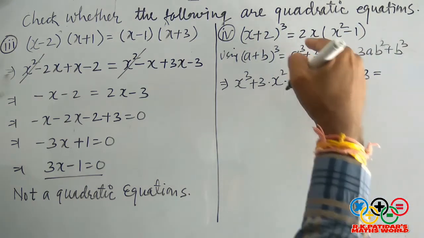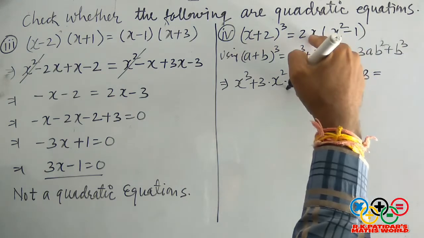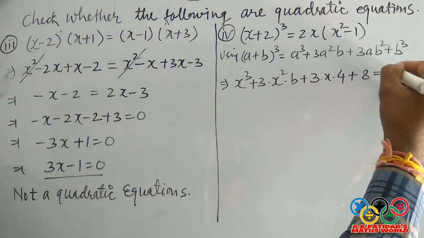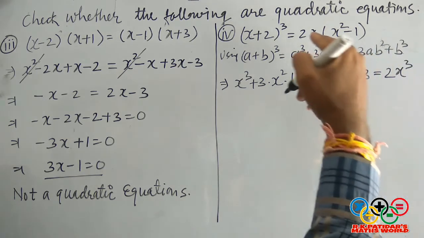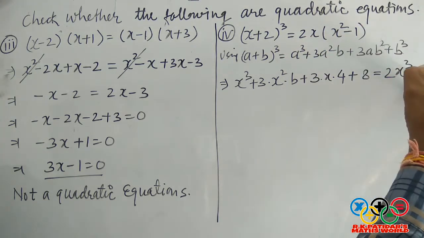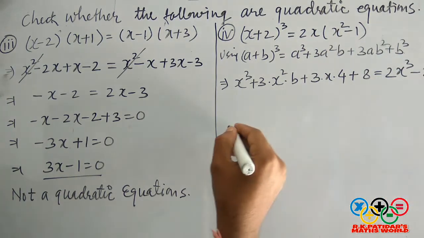8 is equal to 2 into 2x, x into x square, x cube, 2x cube, 2x into minus 1, it is minus 2x.